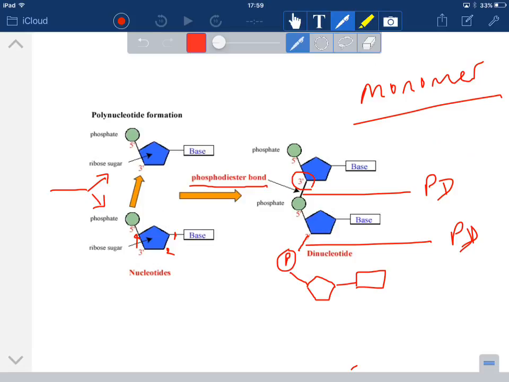I'd like to stress something here for later on, and that is that the phosphate group of a new nucleotide will always form a phosphodiester bond with the 3rd carbon.